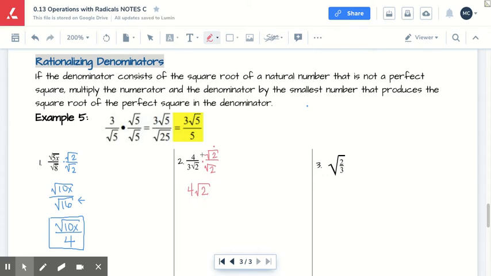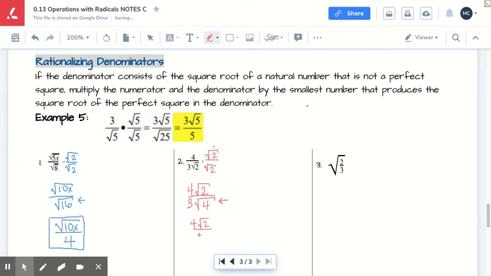I can't do anything to combine them because one is like a coefficient and the other one is inside a radical. On the bottom though, I've got a 3 square root 2 times square root 2. So the two things that are inside the square roots can actually be combined and multiplied together. 2 times 2 is 4. Now remember, my job is to rationalize the denominator, so I can't have this radical there anymore.